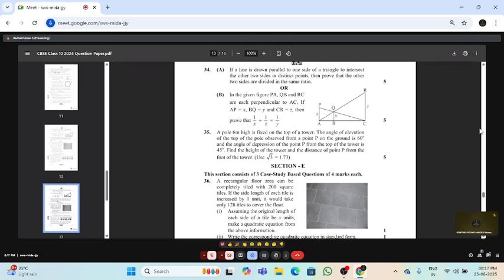Now if AP equal to X and BQ equal to Y and CR equal to Z, the heights of the three pillars, then prove that 1 by x plus 1 by z equal to 1 by y.